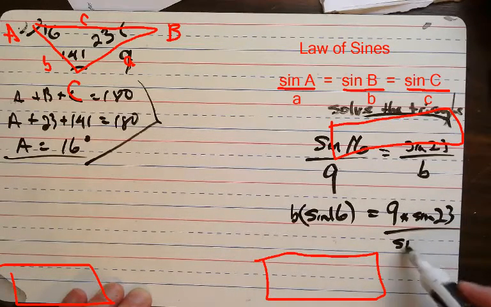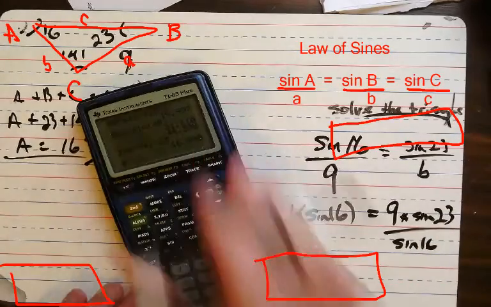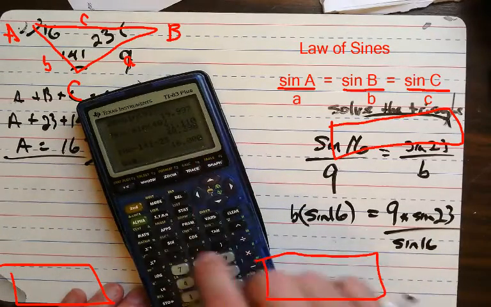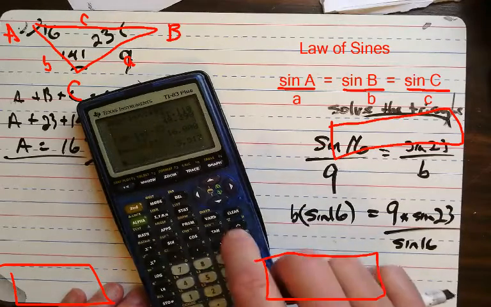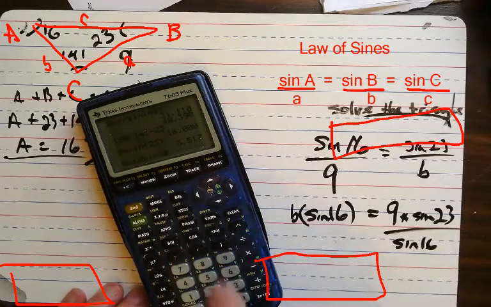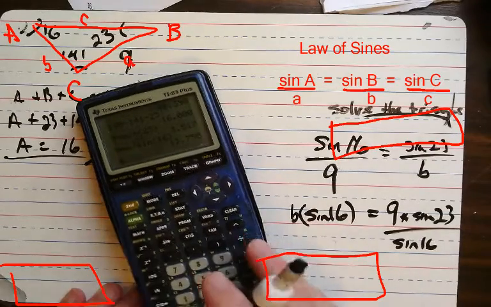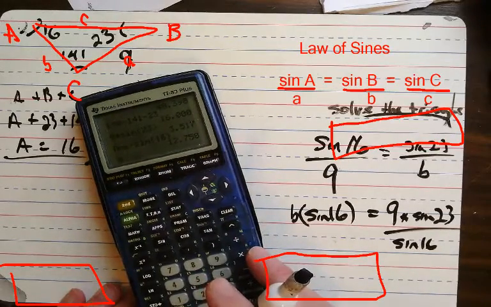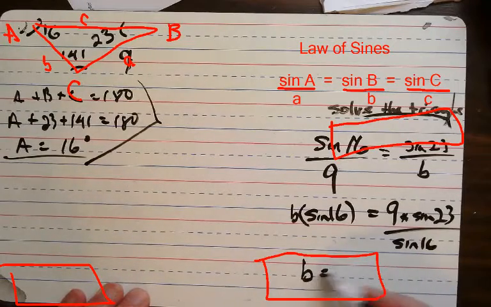And then if I divide by the sine of 16, lo and behold, what do I get? 9 times the sine of 23 divided by the sine of 16. 12.758. I'm going to say 12.8. How about that? B is 12.8.